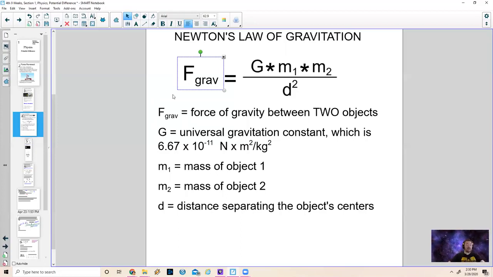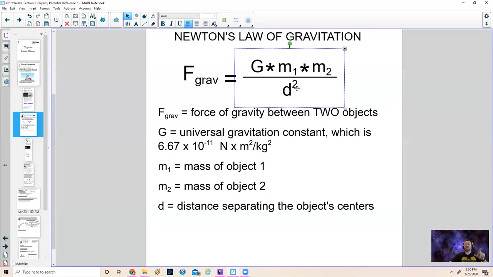Well, the force went down, didn't it? And so we know then that if I increase something, it's probably going to increase something else, but not when it comes to distance. If I increase masses, I'm probably going to increase the force between two objects. If I decrease the masses, I'm going to decrease the force between two objects.